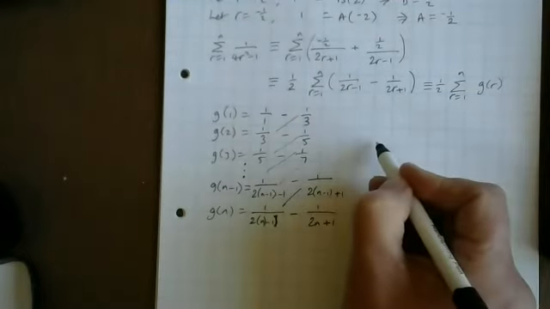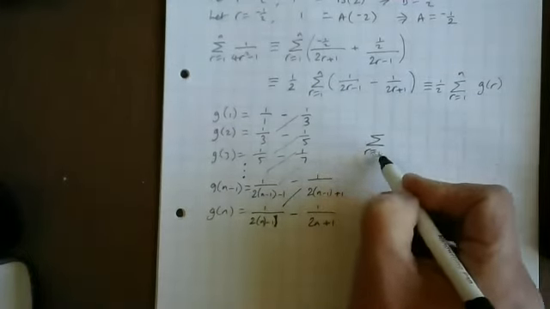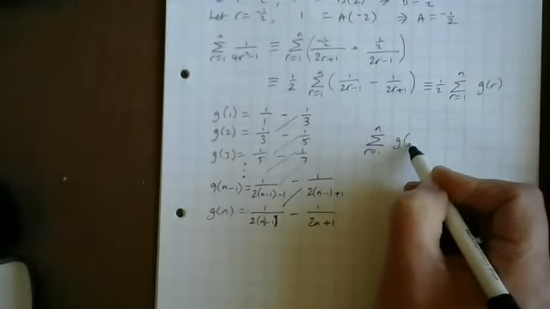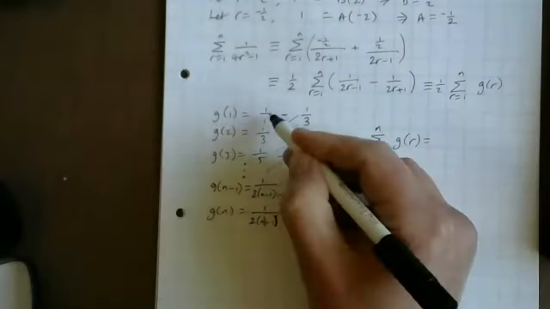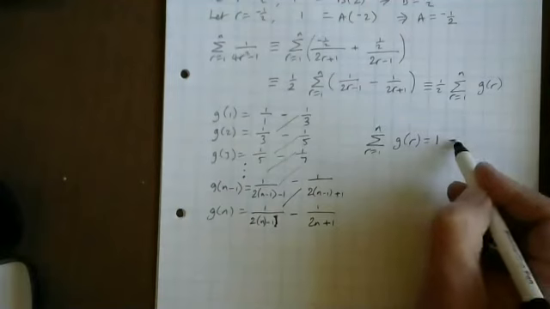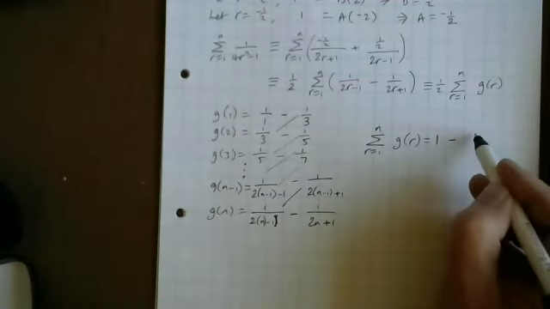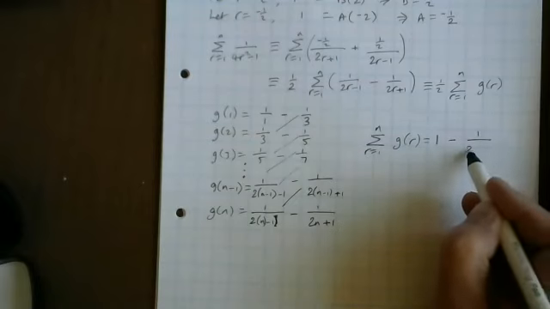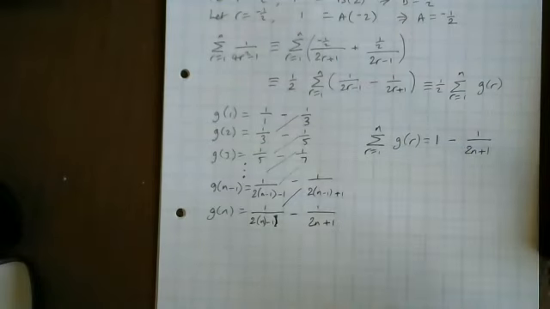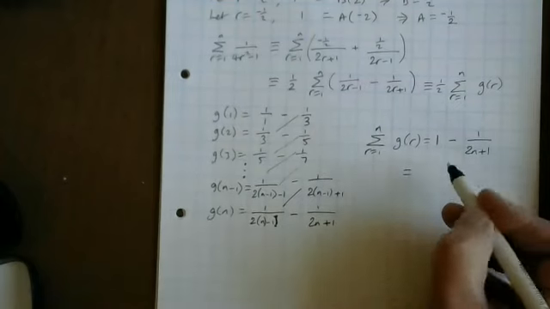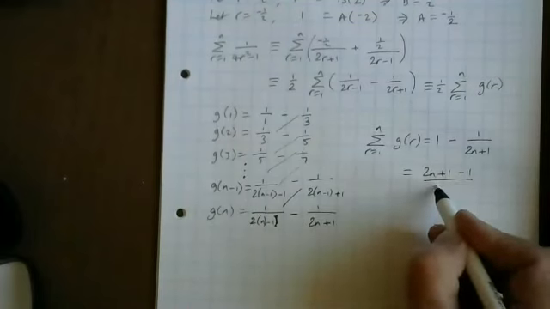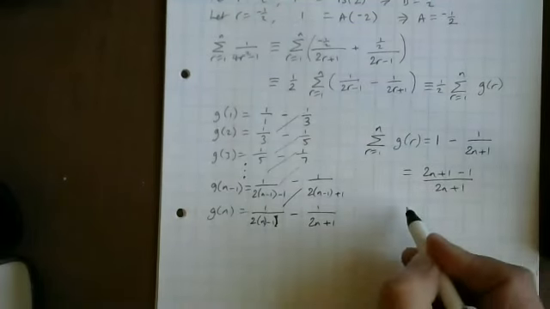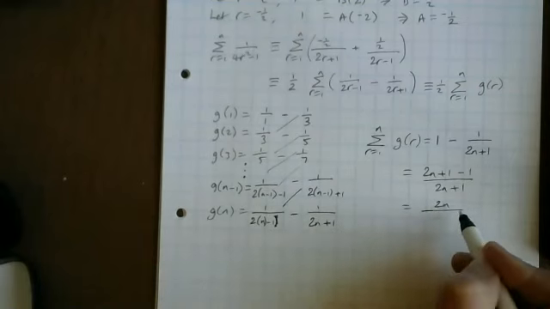So the sum from r equals 1 to n of g of r is this term here, 1, minus this term here, 1 over 2n plus 1, which equals (2n plus 1 minus 1) over 2n plus 1, which equals 2n over 2n plus 1.